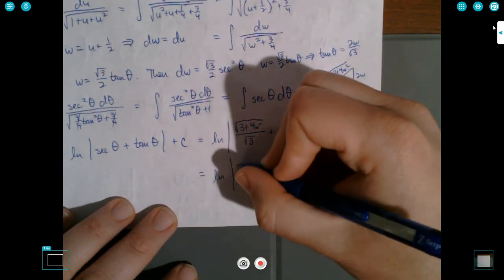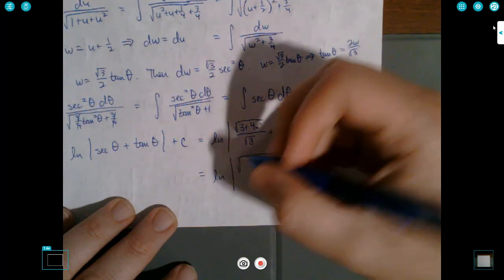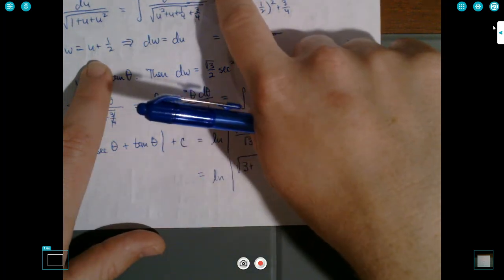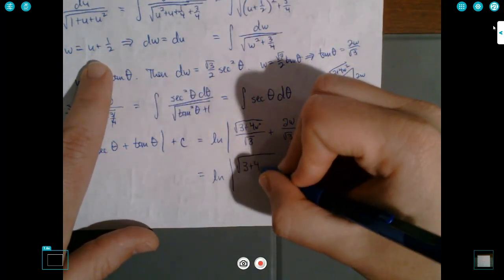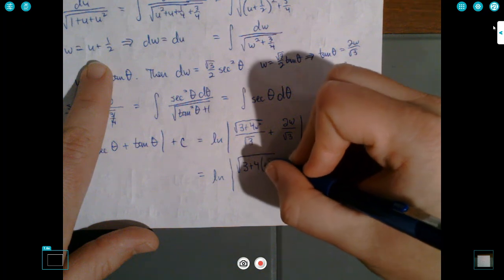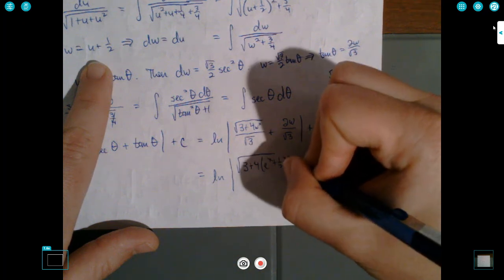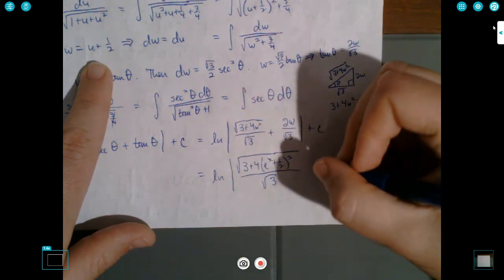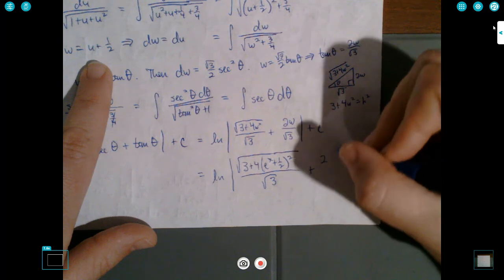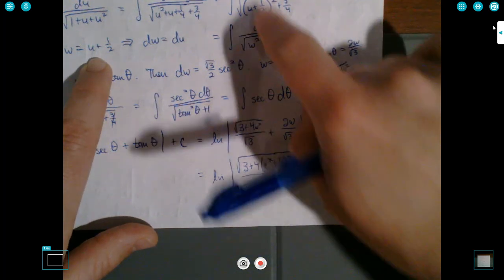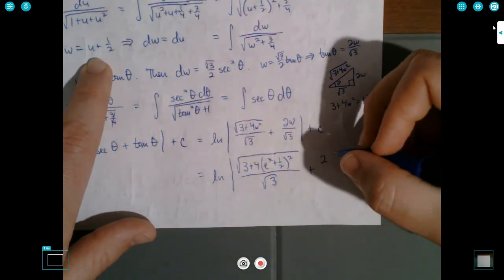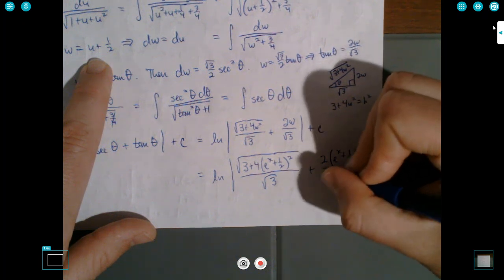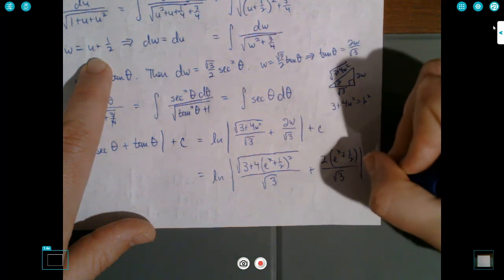This is ln of square root of 3 plus 4 times e to the x plus 1/2 squared over root 3. So I'm just doing all of my back substitutions. Plus 2 times w was u plus 1/2, but u was e to the x. So it's 2 times e to the x plus 1/2 over root 3 plus c.